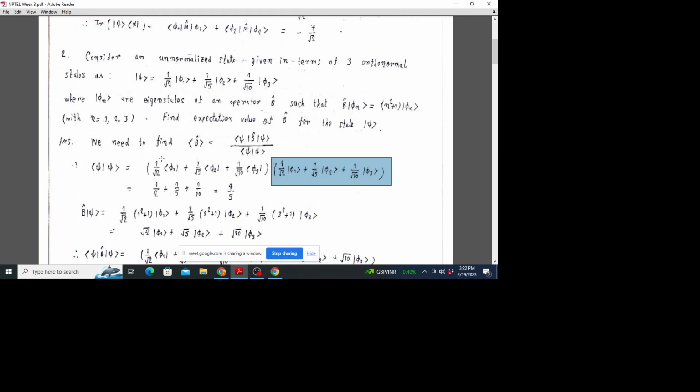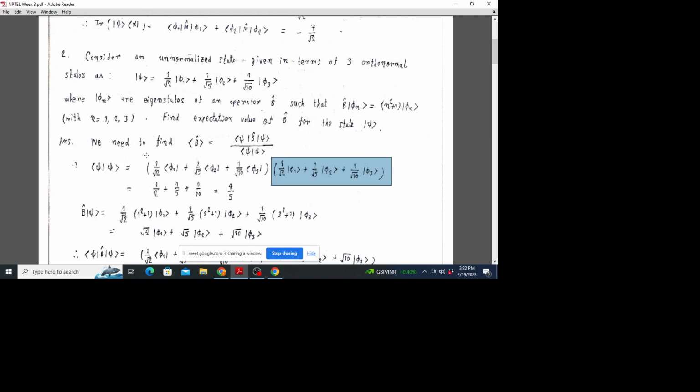And only the terms like the inner product between phi 1 and phi 1 are 1. Similarly the inner product between phi 2 and phi 2, and between phi 3 and phi 3 are all 1 because phi 1, phi 2 and phi 3 were normalized, and all the cross terms are 0 because of the orthogonality.